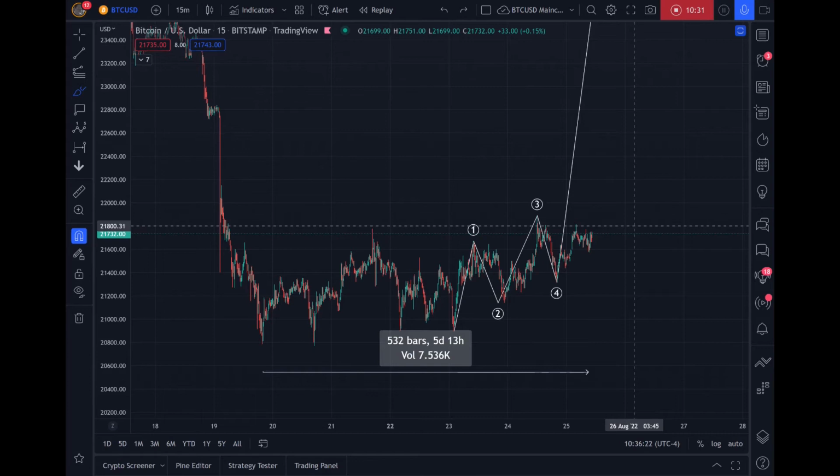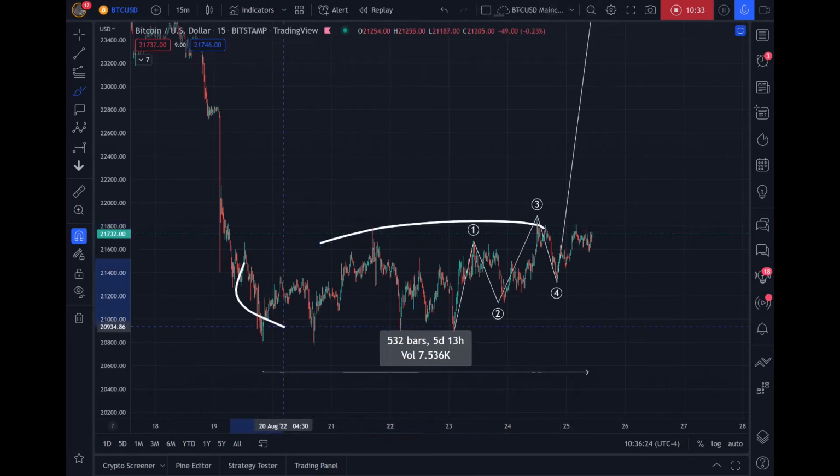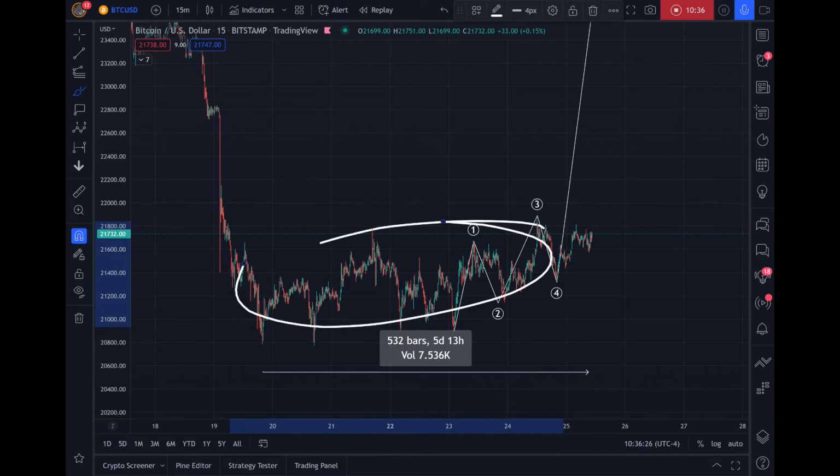And it's interesting that we've been consolidating for 5 days. And what do you typically see in markets where you consolidate for a period of time? You're pretty much accumulating ammunition for a move, and that is your potential energy, and then it translates to your kinetic energy, your move, your advance, your impulse, that may take a similar amount of time.